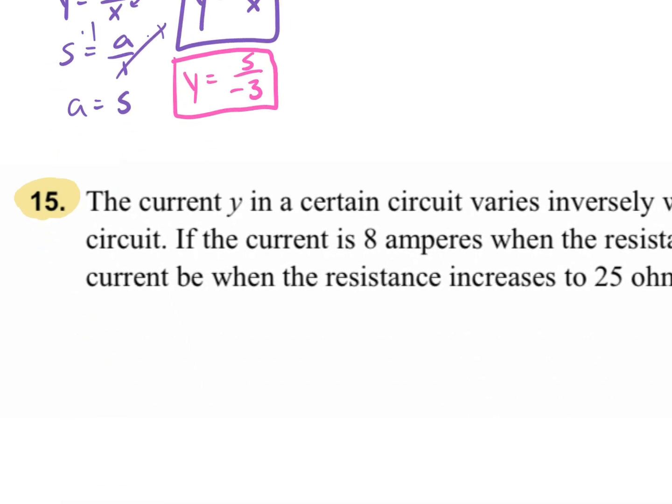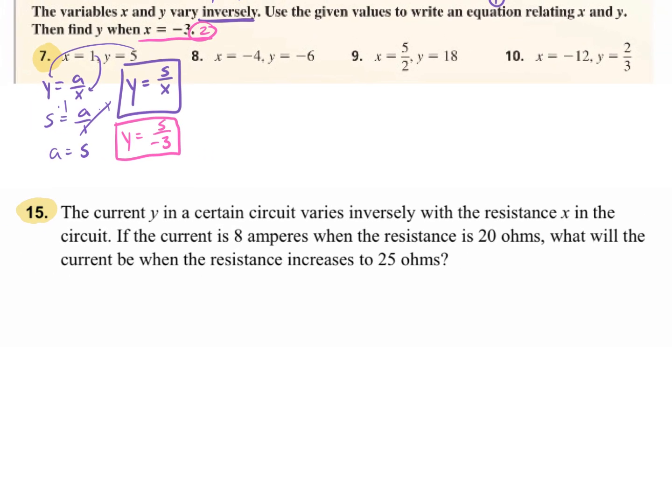All right, let's take a look at 15. It says the current y in a certain circuit varies inversely with the resistance x. So the current is y and the resistance is x. If the current is 8 amperes when the resistance is 20 ohms, what will the current be when the resistance increases to 25 ohms?